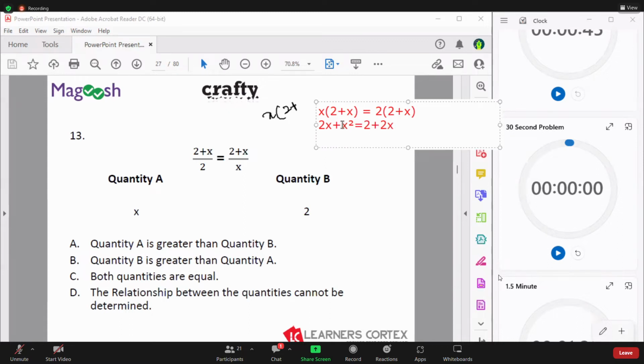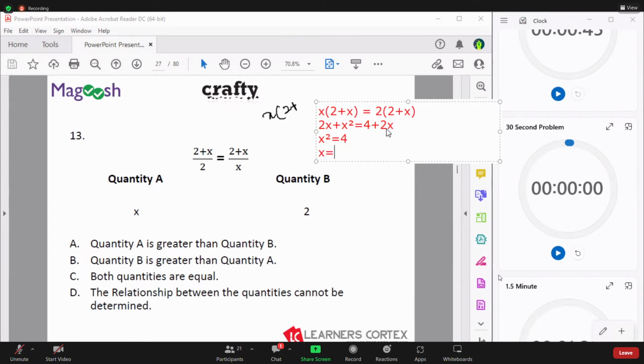Then we can take all of the values towards one side. So x square, now 2x and 2x will be cancelled. Sorry, this is 4, not 2. 2x and 2x will be cancelled, so this becomes 4. So x becomes plus minus 2.